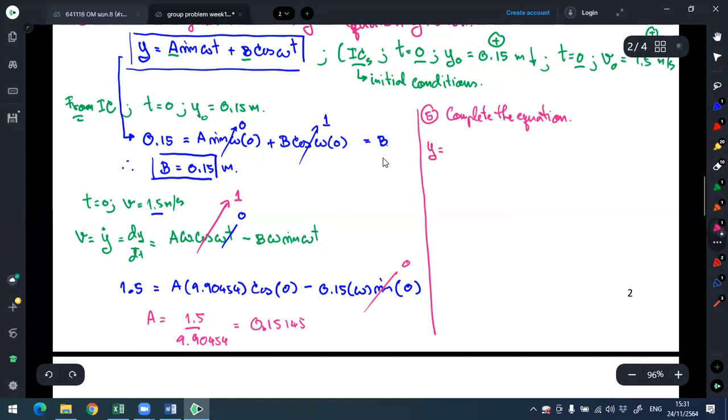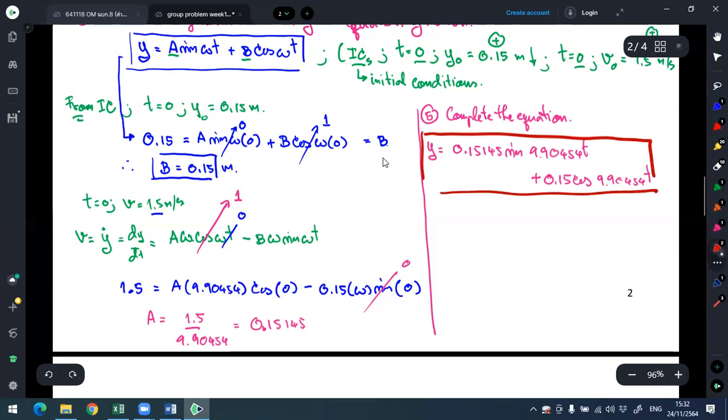So y is equal to a sine omega t, that is 0.15145 sine, substituting omega equal to 9.90454 t, plus b, that is 0.15 cosine 9.90454 t. That's all for this. This is the first answer.